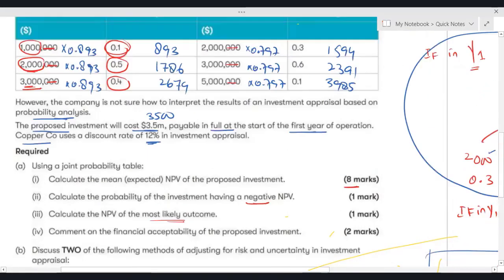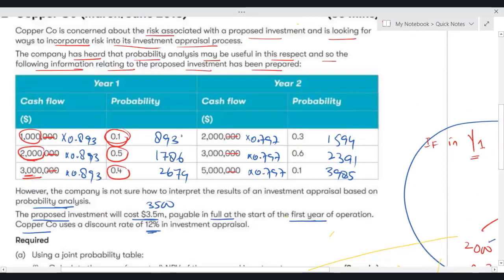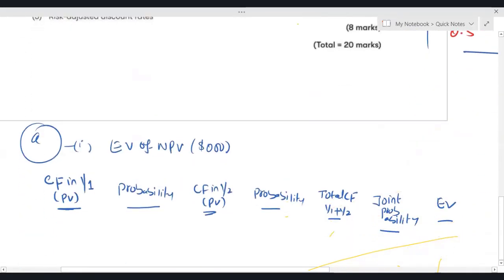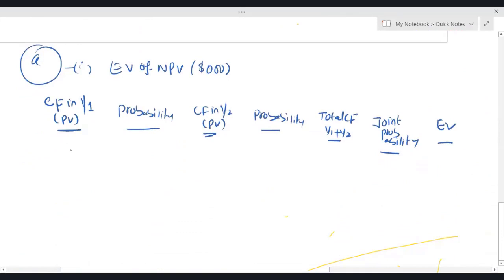Now listen. If in year one, the event of 893 occurs, now please try to understand. If this event occurs in year one, which has a chance of 10%, then in the second year, there are three possibilities. 893, which is having a probability of 10%.